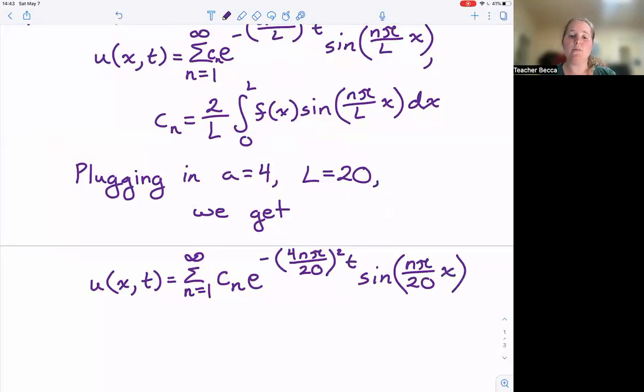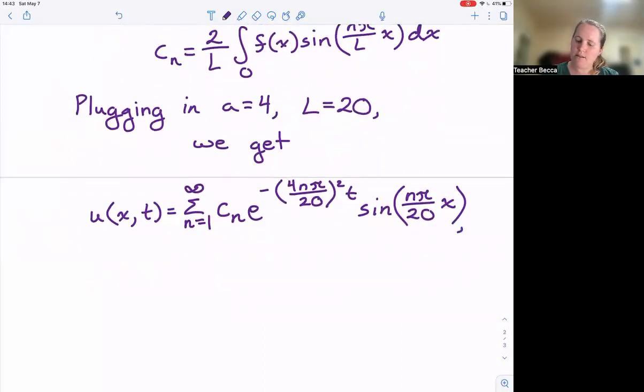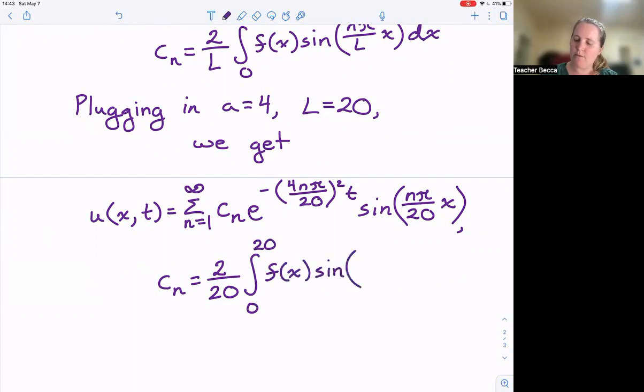Of course, we could reduce our 4n pi over 20 if you wish, or you can leave it as is. Our c sub n is equal to 2 over 20 times the definite integral from 0 to 20 of f of x times sine of n pi over 20 x dx.